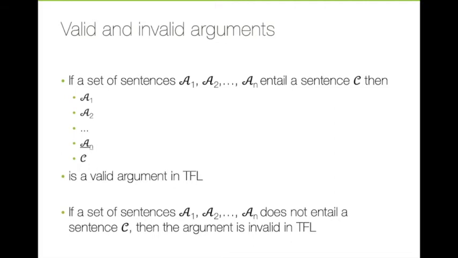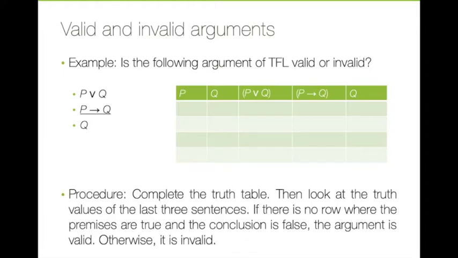Again, you may want to review this concept of validity and invalidity from the first unit of the course. If, on the other hand, the sentences A1 through AN don't entail C, then the argument is invalid in truth functional logic.